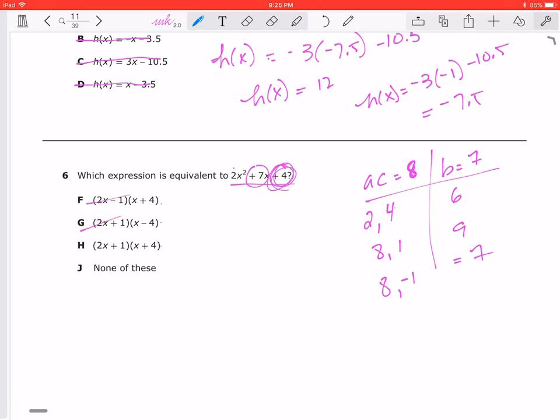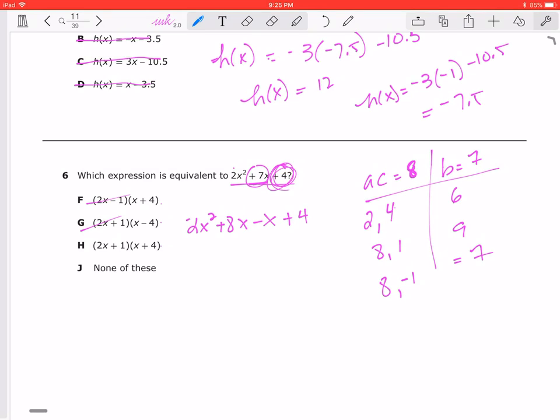Okay, well, let's see if that might work. So we have 2x squared, and I'm going to replace my 7x. That gives me positive 8x, and then minus x, then plus 4.